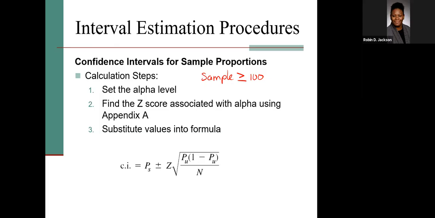So these are just basically the steps. You follow some of the same steps that you follow for the other confidence intervals. It's just that the way we calculate these may be a little bit different. Let me get the highlighter. As you can see, the formula differs, and I'll walk through some of that in just a minute.